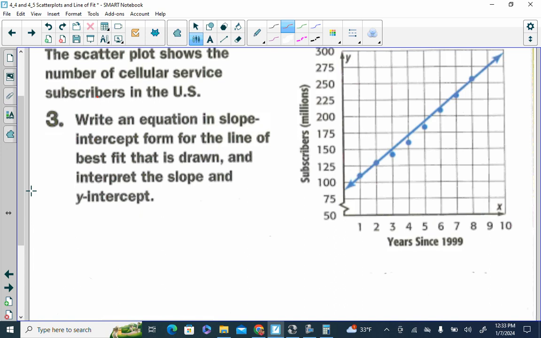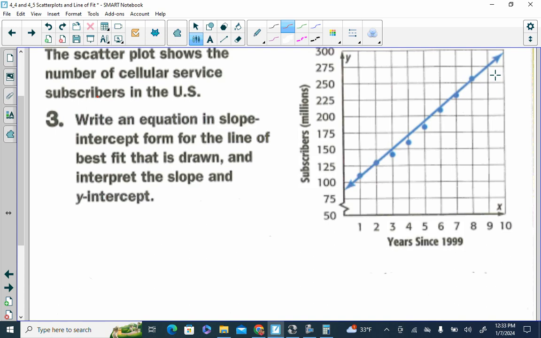The scatter plots show the number of cellular service subscribers in the U.S. Write an equation in slope-intercept form for the line of best fit, and interpret your slopes. All right. So when I look at this line here, I want to find 2 points where I know the exact x and the exact y.